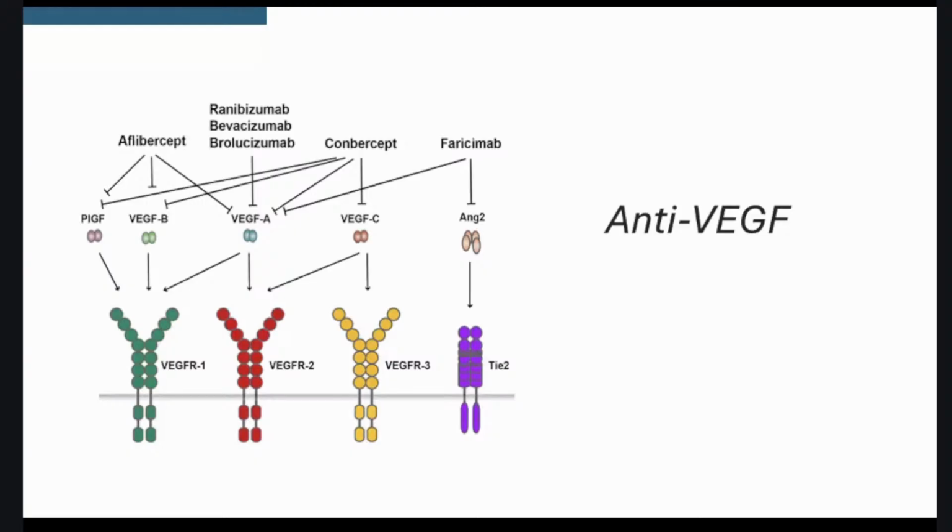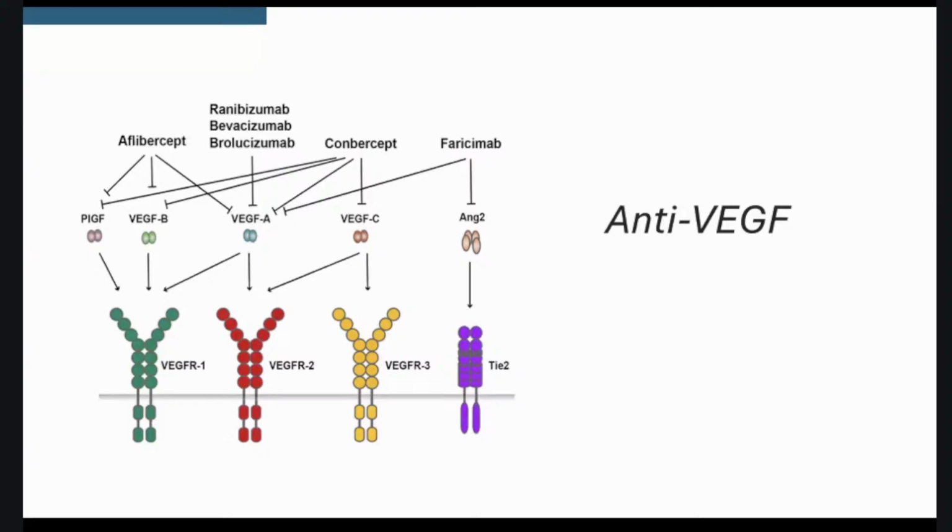There are different types of anti-VEGFs that are available to us, and different options. So bevacizumab or Avastin is probably the most widely used. It binds to VEGF-A. Others in the class are ranibizumab or Lucentis, which was one of the first FDA-approved anti-VEGFs. And brolucizumab has the advantage of having an extended treatment interval.